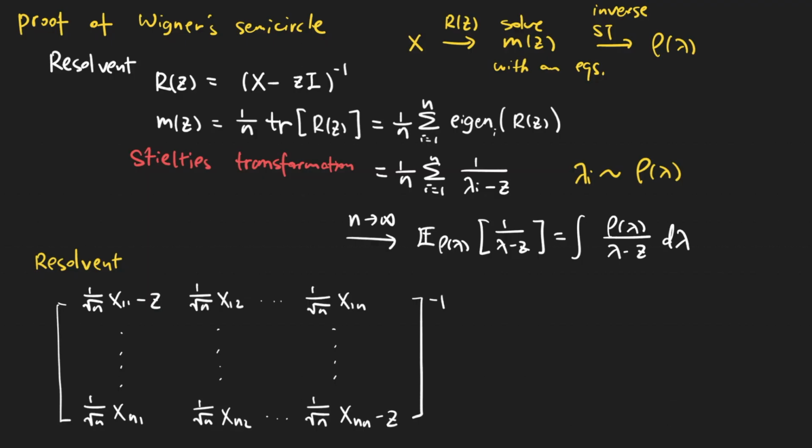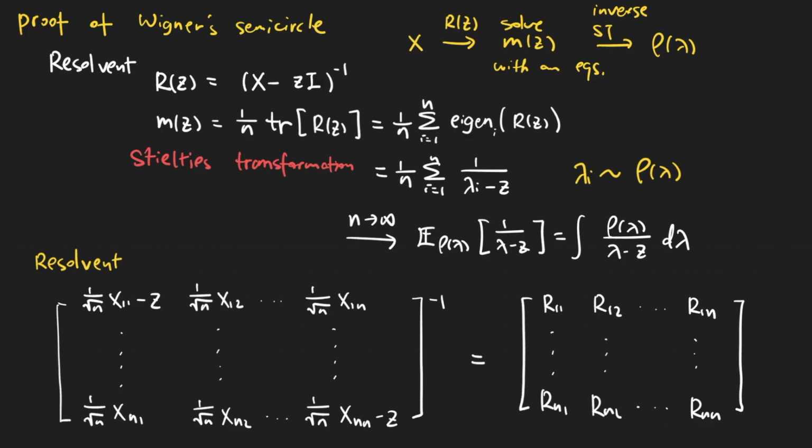So that will just equal, let's call this R11, R12, and R1n, down to Rn1, Rn2, and Rnn, right?